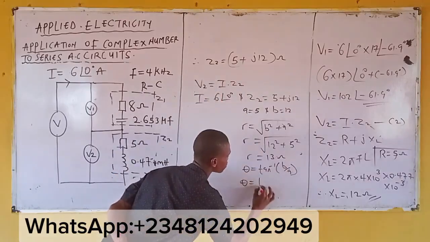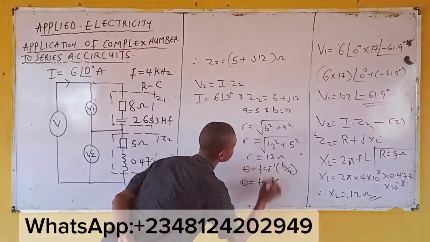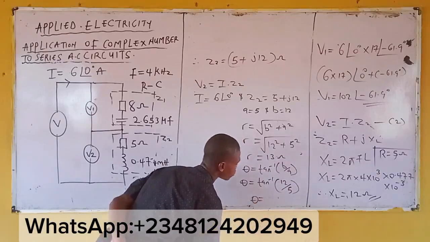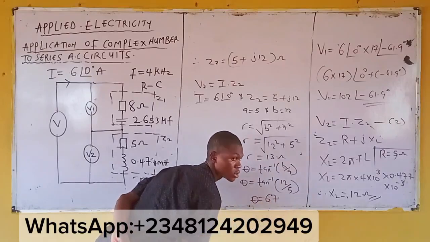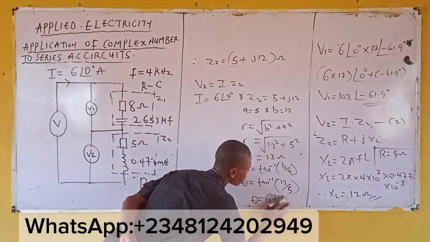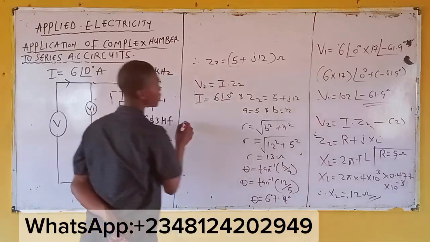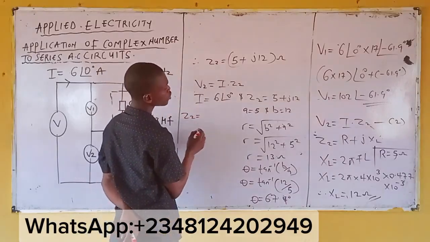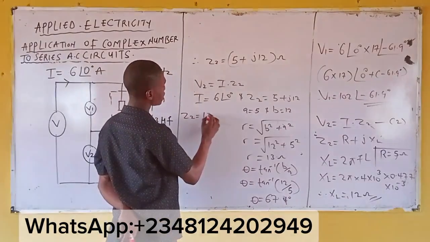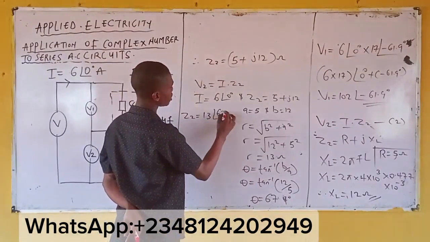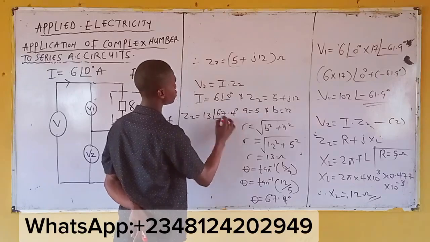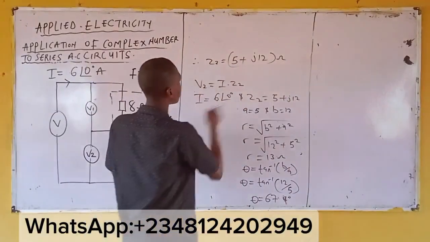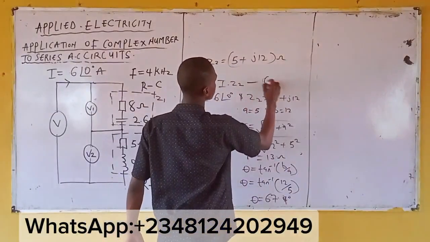Theta is equal to tan inverse of 12 over 5. What's the answer? Theta is equal to 67.4 degrees. That is Z2 in polar form: 13 at 67.4 degrees. Any question? This is the formula to calculate the second question.